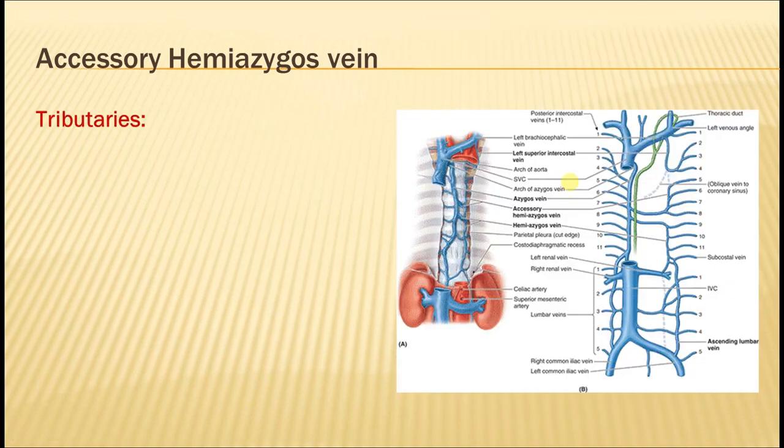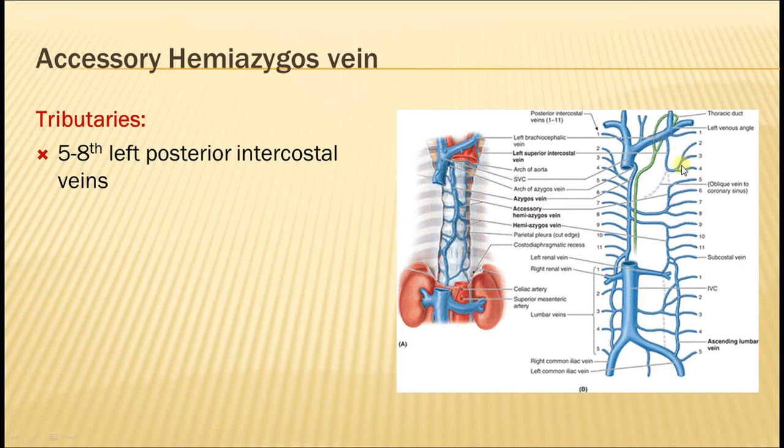So the tributaries of the accessory hemiazygos vein are the 5th to 8th posterior intercostal veins. Here on the left side, the first one goes to the left brachiocephalic vein.